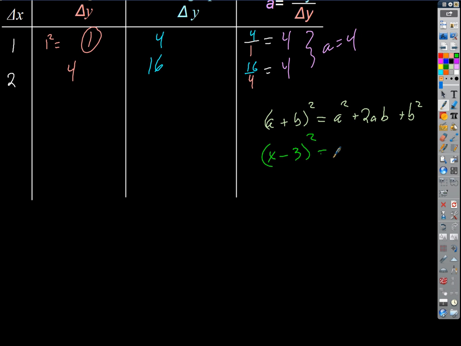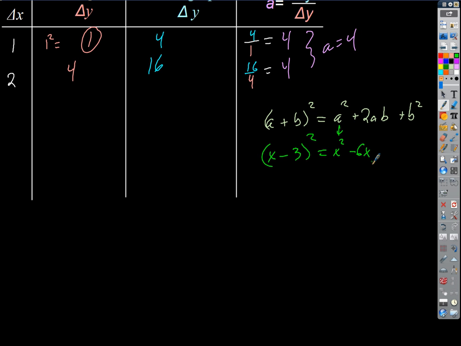So let's just follow that pattern. What's our a? x. What's our b? Negative 3. So a squared becomes x squared. 2 times a times b becomes what? 2 times x times negative 3, which is 2x times negative 3, just negative 6x.